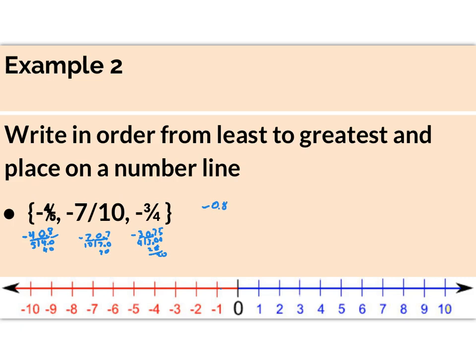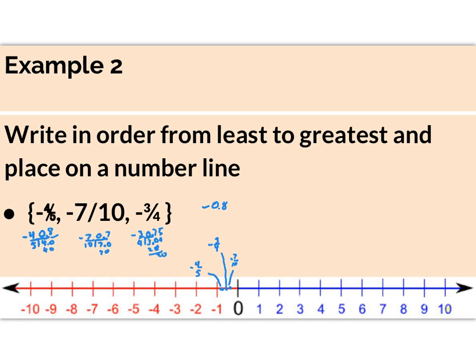And 0.8 is closer to -1. -3/4 is -0.75. So let's draw little arrows. -4/5, -3/4, and then finally -7/10.